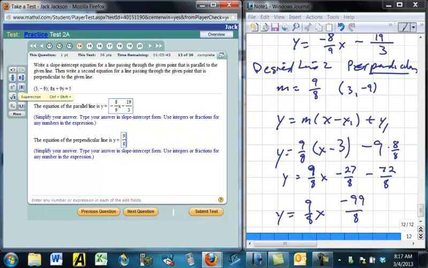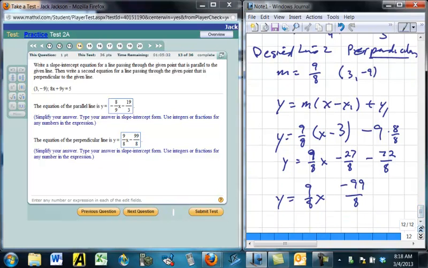Be sure to use your little fraction thing over here. Okay, let's just check and make sure it does go through 3, -9. Make sure we didn't make any mistakes on that part.